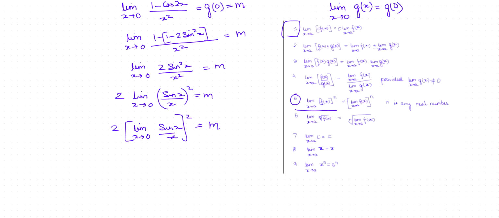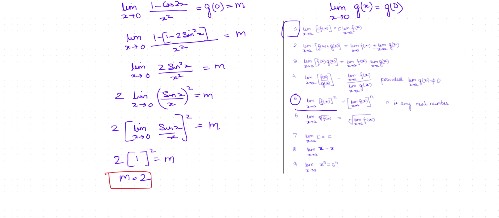So substituting this as 1, and 1 square is 1, so it doesn't make a difference. So we get m is equal to 2. So if m is equal to 2, then this function will be continuous. Please go over the work and let me know if anything is not clear.